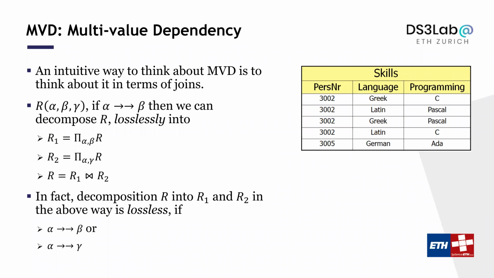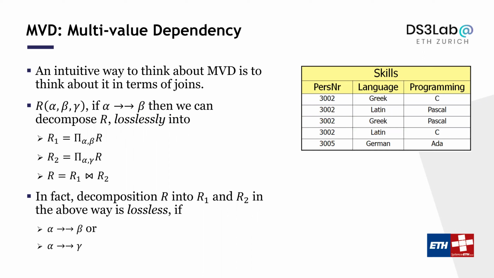Similar to functional dependency, when we talk about multi-value dependency, we can also have a sound inference system. It's not the Armstrong axioms anymore; you have a different set of inference rules using which you can derive multi-value dependencies. So there's a relationship between different types of multi-value dependencies. For example, if you have alpha to beta, you always have alpha to gamma.